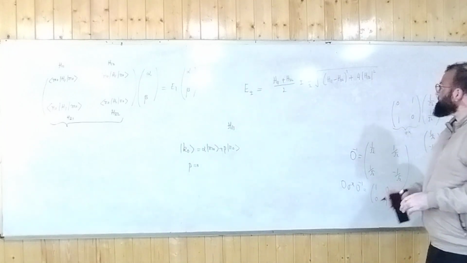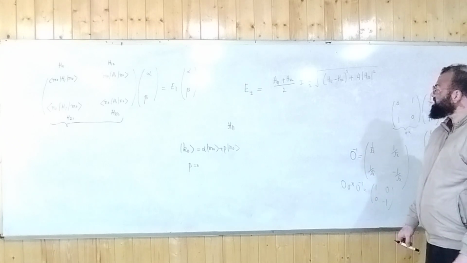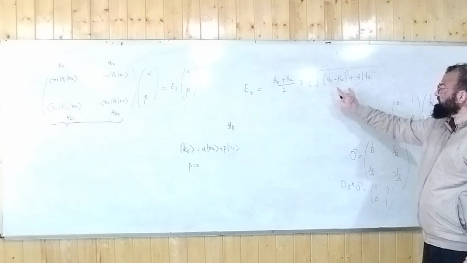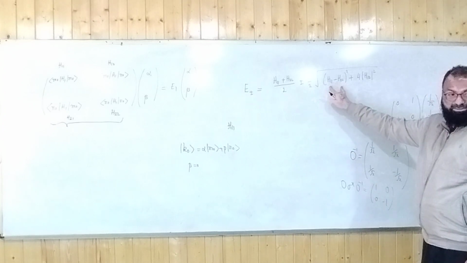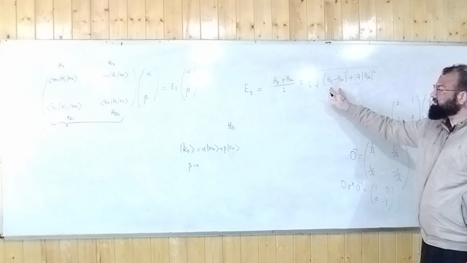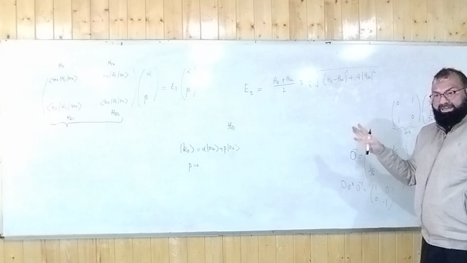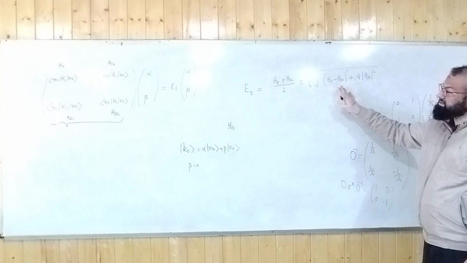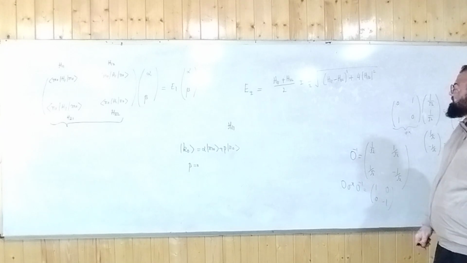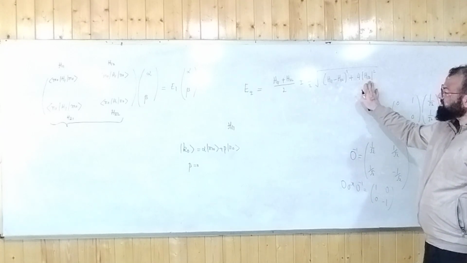In that case, what will happen? Which term will go to 0? This term, H11 minus H22, will be 0. Is that true? I am taking two independent states now. Yes, this will become 0 and this will be a non-zero term.